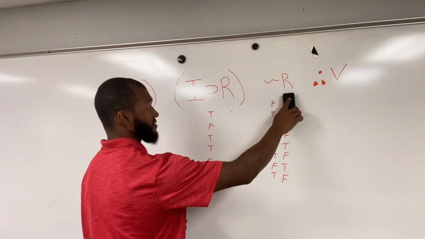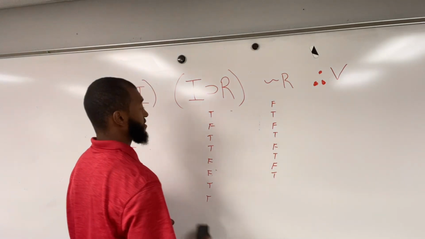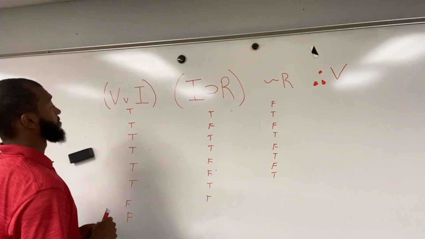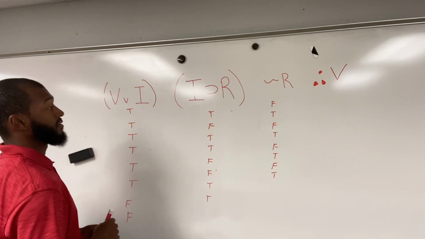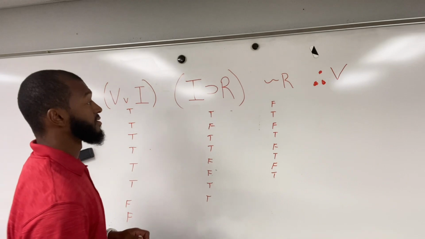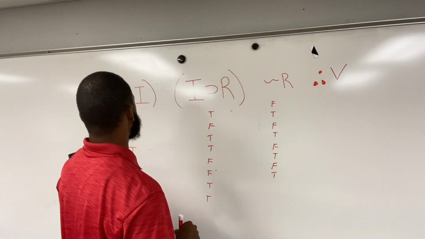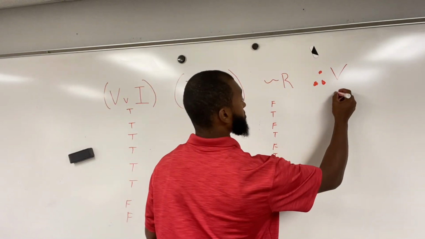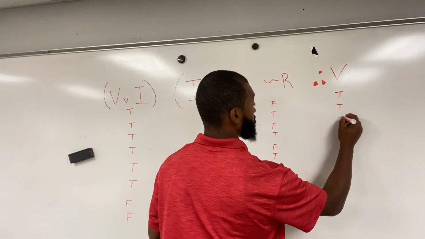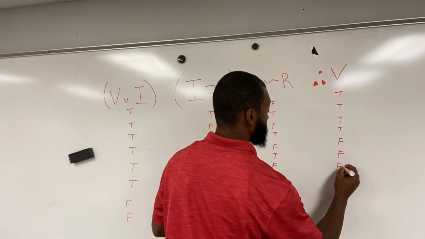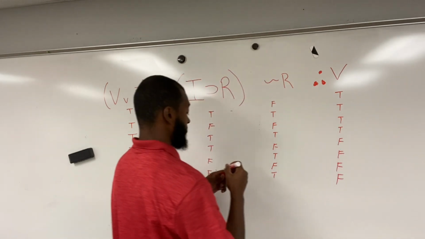Erase this right here. And what I would do is knock out the V next. V was the 4 truths, 4 falses. True, true, true, true, false, false, false, false. All right, would you look at that now?